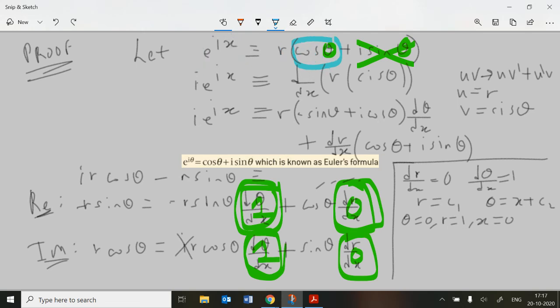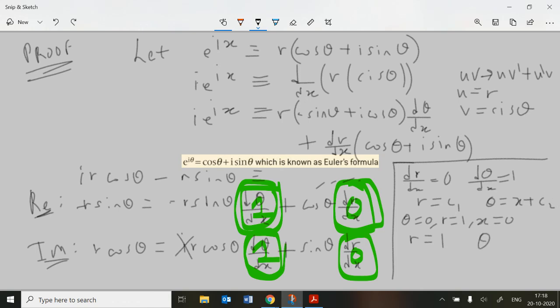And that combination which works then has to also work in these formulas here. So now we can say, okay, r is equal to 1 gives us our constant. So now r is equal to 1. And also, theta being equal to 0 when x is equal to 0 means 0 equals 0 there, and then c2 is equal to 0.